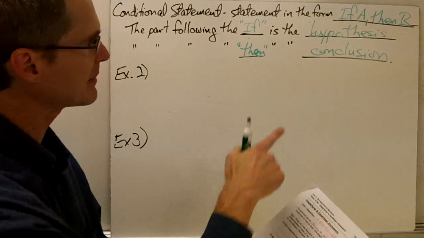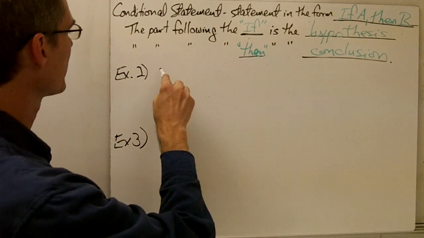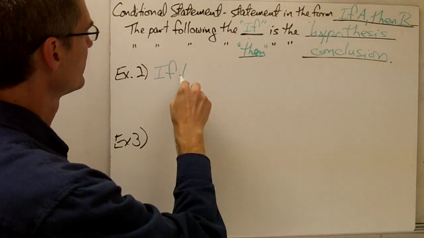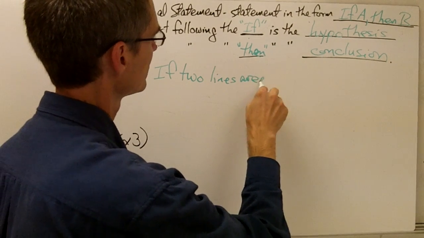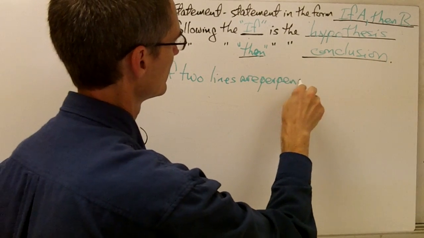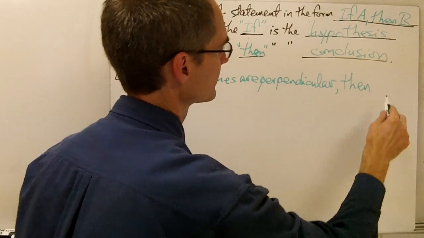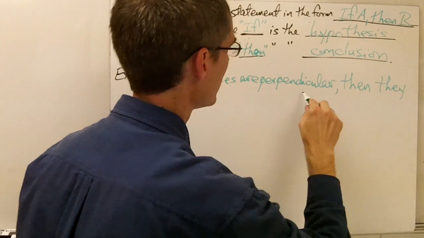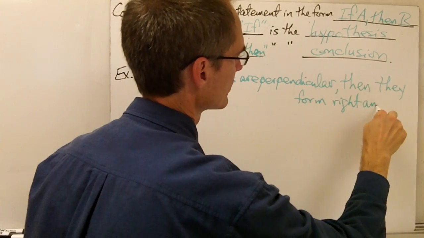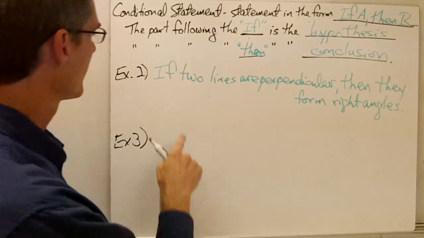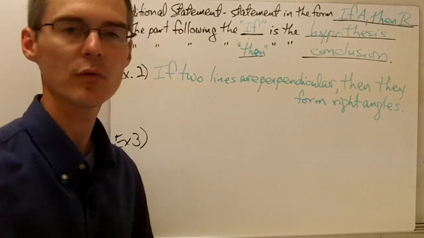If I want to rewrite this in if-then form, I would say, if 2 lines are perpendicular, then they form right angles.